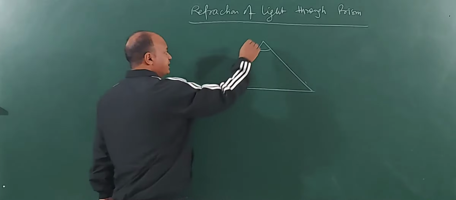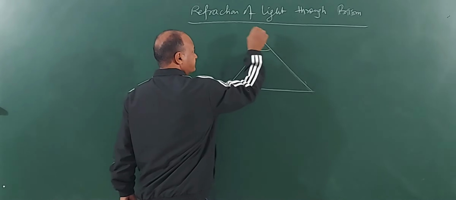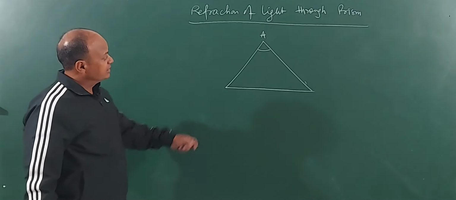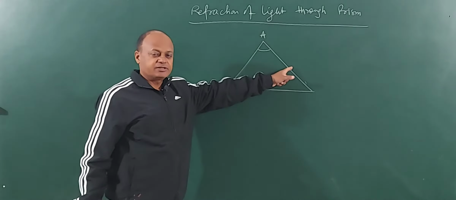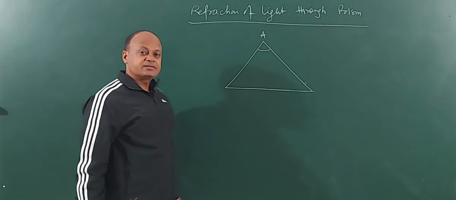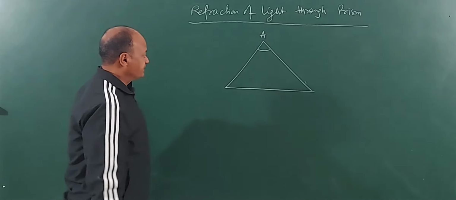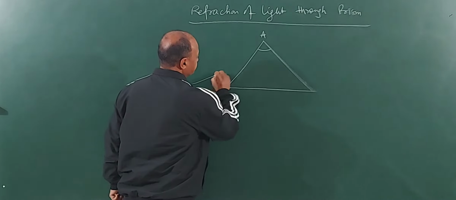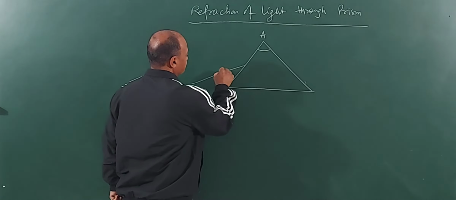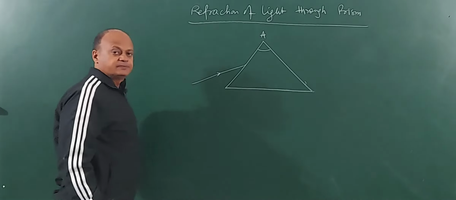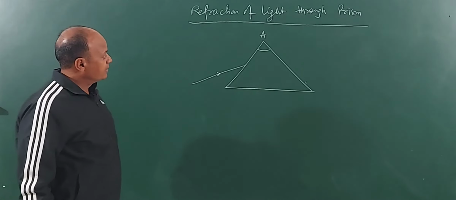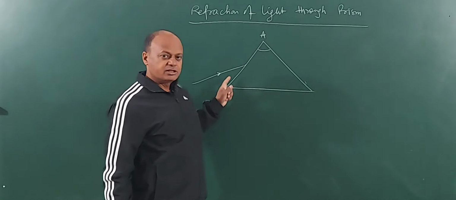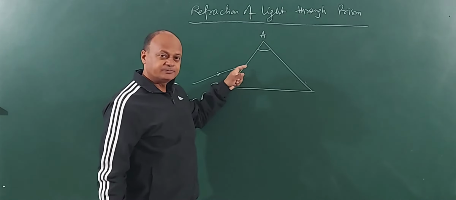We'll denote this angle by A. And there are two refracting surfaces here, you can see. This is surface 1 and this is surface 2. If you leave the base, imagine a ray is incident here on the first surface. Now children, this ray which is incident on the first surface will be undergoing refraction here.